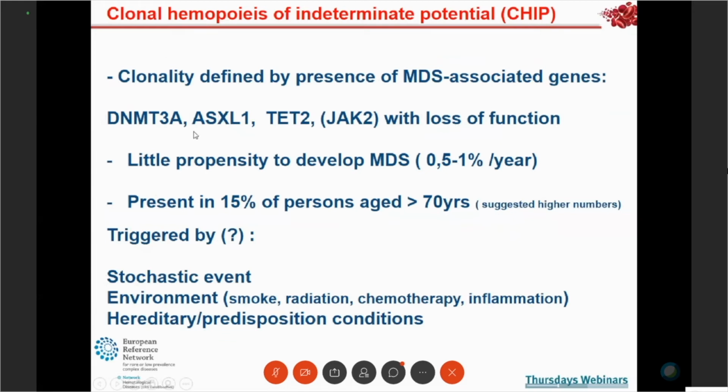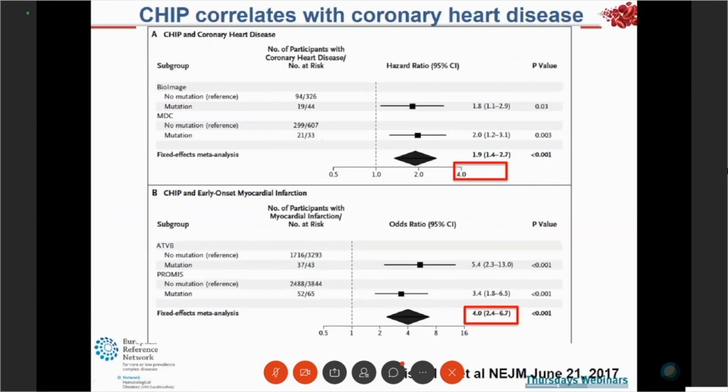The mutations that are typical of clonal hematopoiesis related to age are the same that we see more frequently in MDS. And this is the fact that is rendering the use of molecular mutation more difficult to help in diagnosis. DNMT3A, ASXL1, and TET2 are the mutations that are mostly present in clonal hematopoiesis.